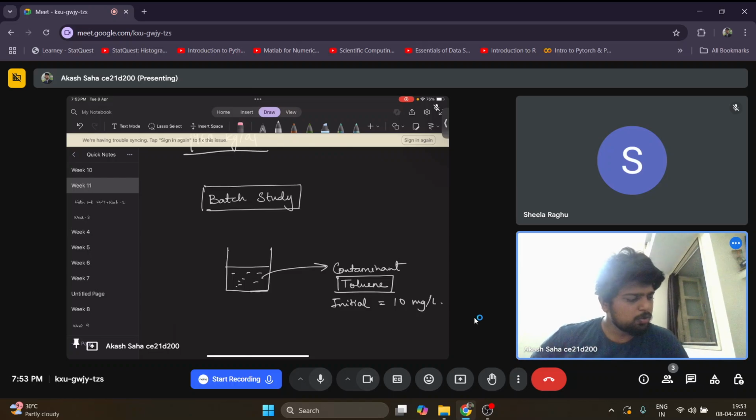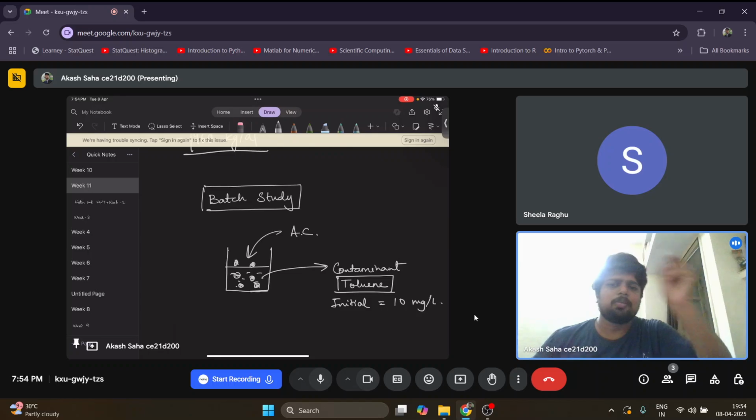To remove this toluene out of the system, we will add some activated carbon into the system. While we are mixing it properly and maintaining some specific environmental conditions, this toluene will get adsorbed on the activated carbon, from the water it will get attached to the activated carbon.